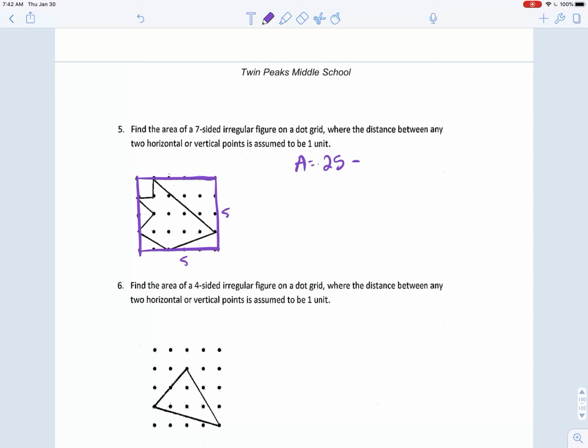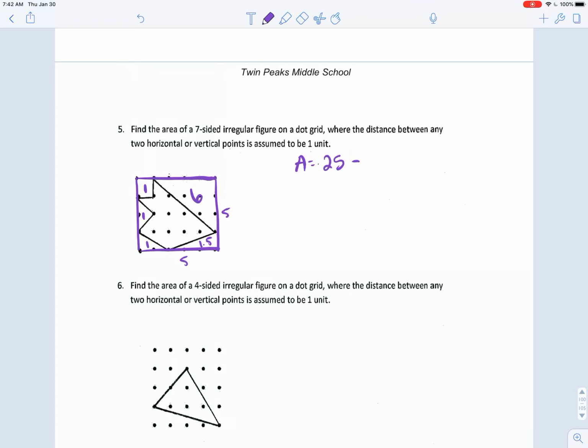Now let's find the area of every little piece inside. So let's see, this triangle is 2 by 1, so that's a 1. This is 1, 2, 3 by 1, so that's 1.5. This is a 1, 2, 3 by 1, 2. So this is 6 over here. And this is a 1 by 1 square. And then these little triangles are 1/2. I'm just going to say that this entire triangle here is 1.